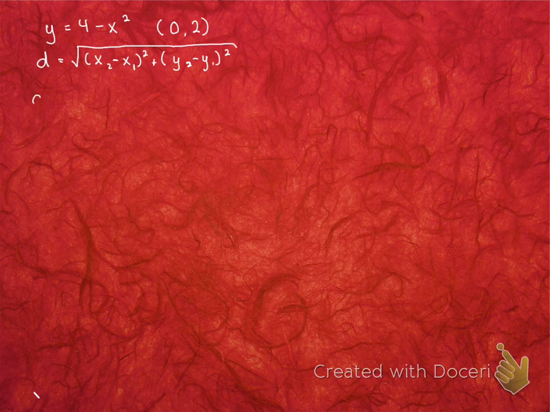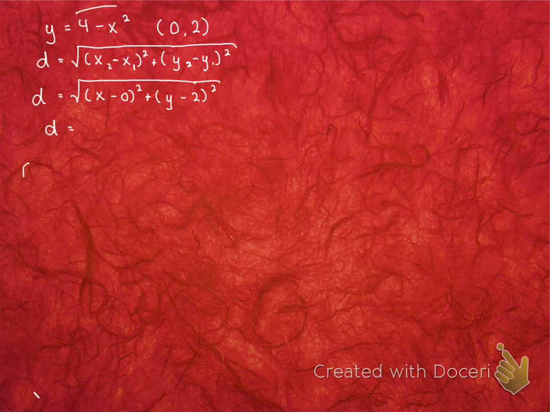Okay, so D equals the square root of x minus the x coordinate of 0, squared, plus y minus 2, squared. Now, for right now, we still have 2 unknowns in that distance formula. We're going to change that by taking what y was given as, 4 minus x squared, and putting it in for y in our distance formula.